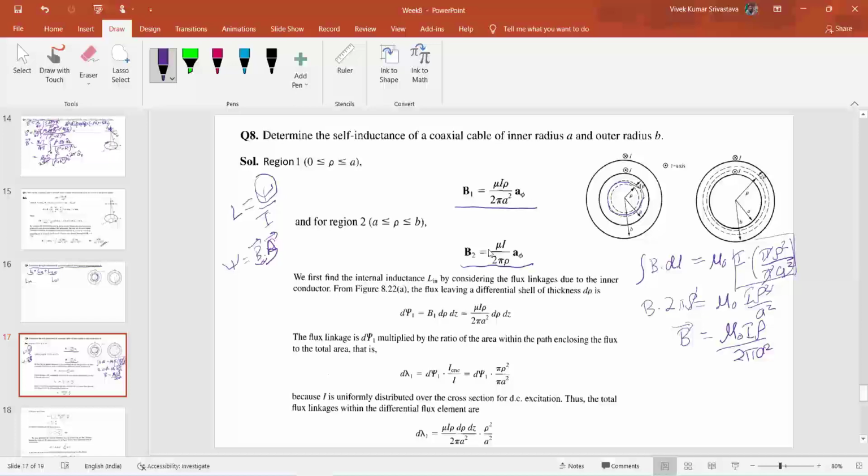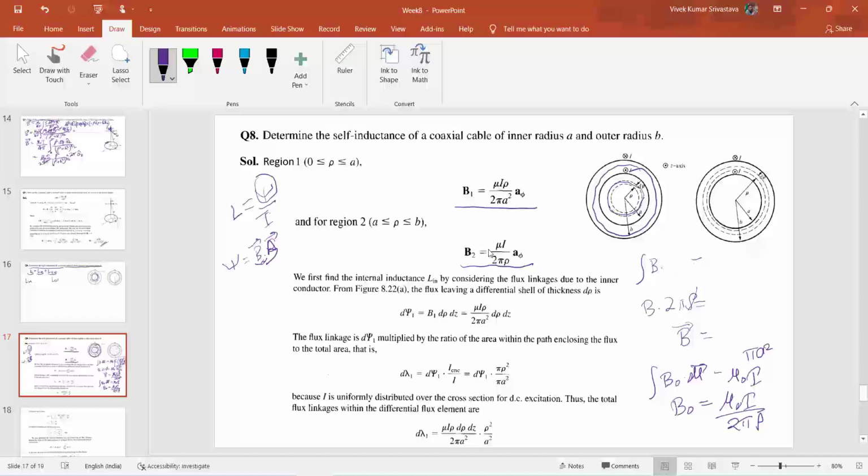Similarly for the outer conductor, or this Amperian path, you can calculate B dot dl equals the net current inside, which is I only. So this you can calculate as mu naught I by 2 pi rho.